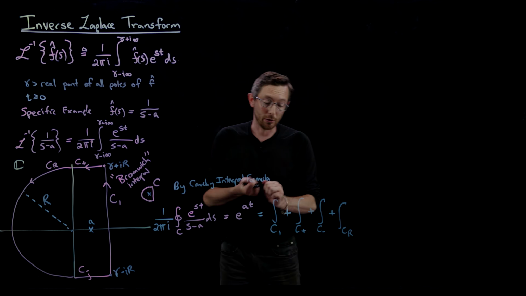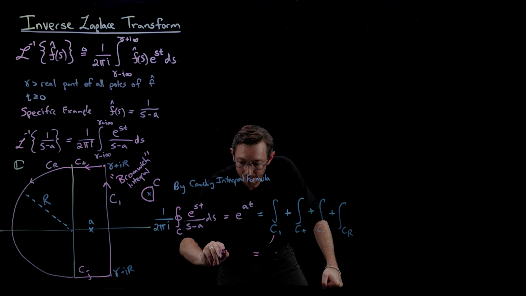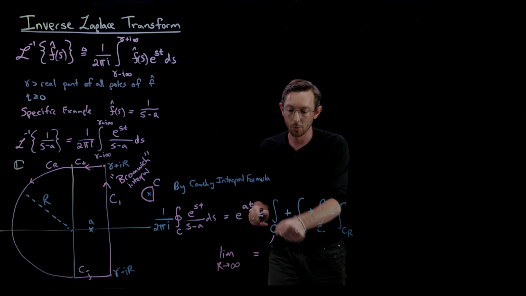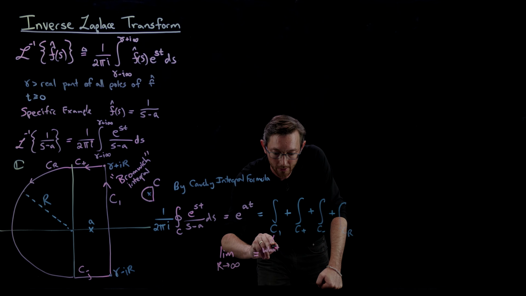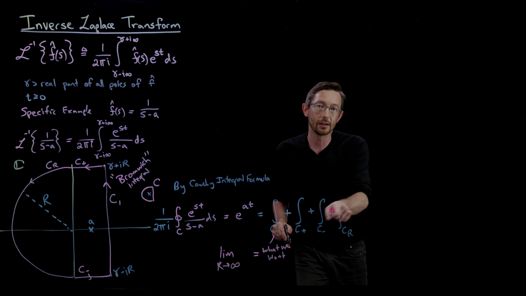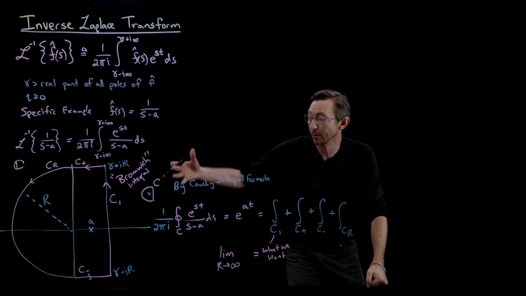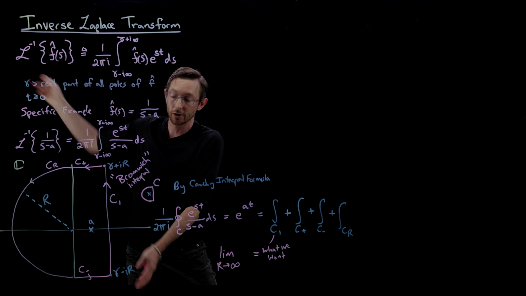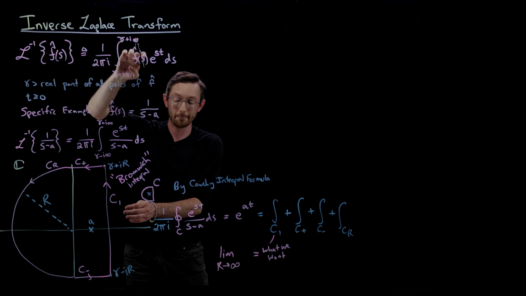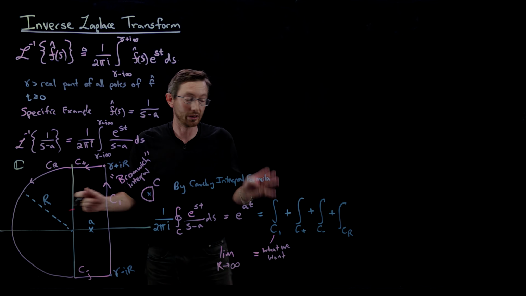And what I'm going to show you is that, in the limit as r goes to infinity, C1 equals what we want. I'm going to prove that all 3 of these other integrals add up to 0. In the limit as the radius goes to infinity, as I scale this thing infinitely large so that C1 becomes the integral I want, the C plus and the C minus are going to be 0, and the CR is also going to be 0.